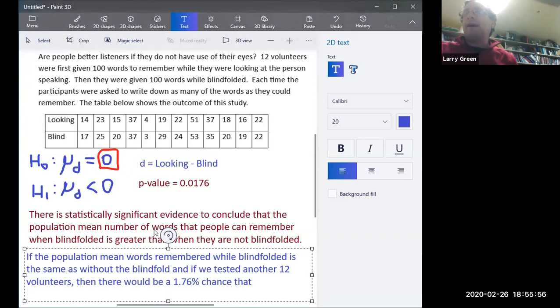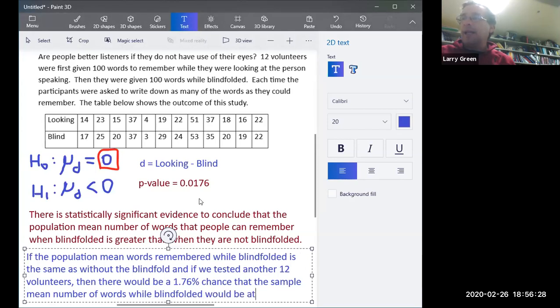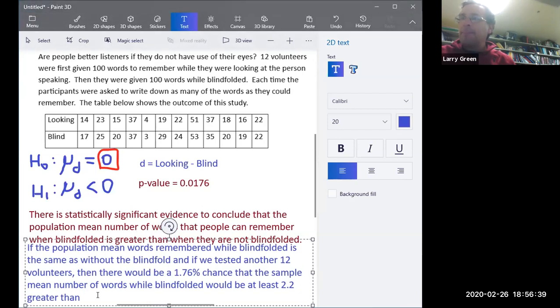Chance that, so again, negative 2.2, the sample mean number of words while blindfolded would be at least 2.2 greater than, then let's move that up a bit, the sample mean without the blindfold.